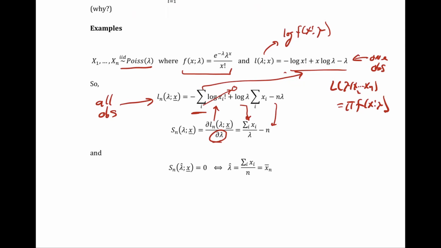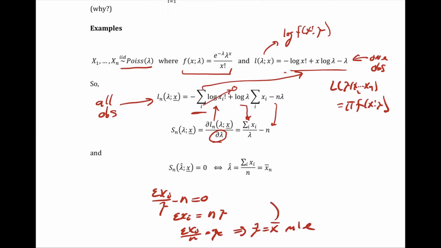Well, then I have the sum of the x_i's over lambda minus n is equal to 0. So the sum of the x_i's is equal to n times lambda, and then the sum of the x_i's over n is equal to lambda. So this implies that lambda hat is equal to x bar. This is the MLE, which is what we have right here.